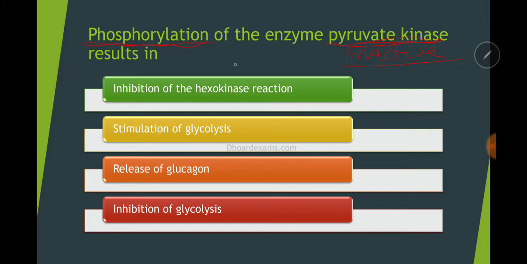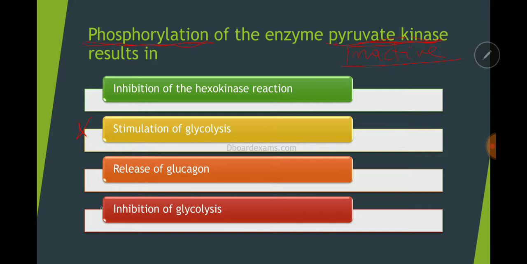So if you phosphorylate this, you're going to result in inhibition of the kinase reaction, or stimulation of glycolysis? No. Glycolysis is not going to be stimulated. So this is out.